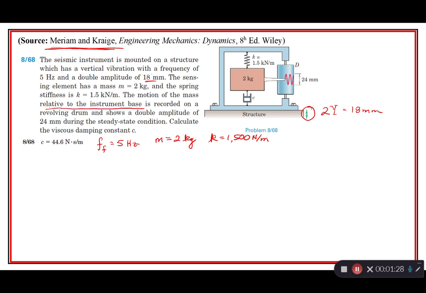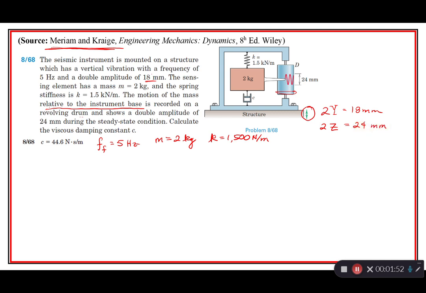That's part of the base. Relative to the instrument base is recorded on a revolving drum. This guy right here. And with a double amplitude, once again, so that's going to be 2 times Z, because that's the relative motion there, 24 millimeters.